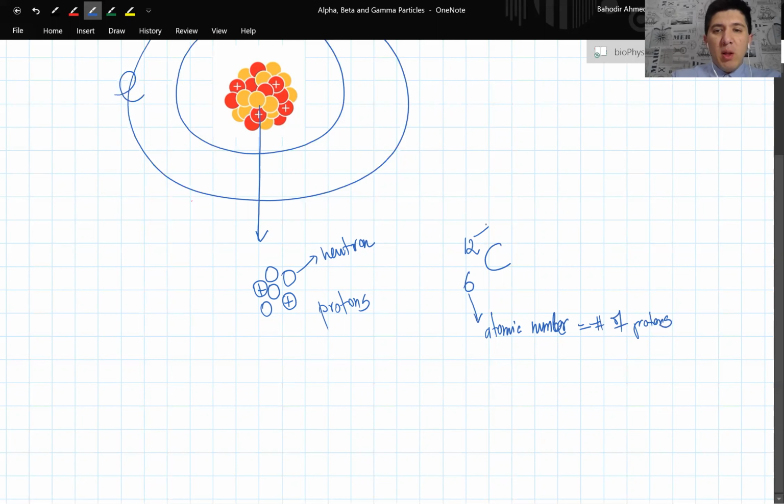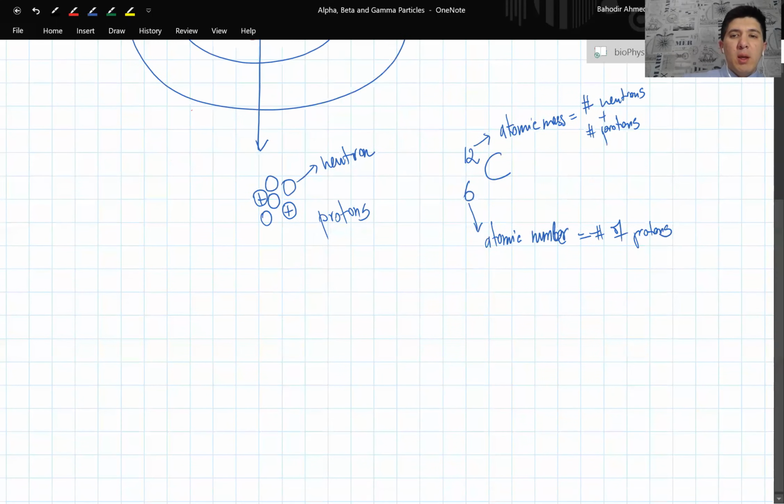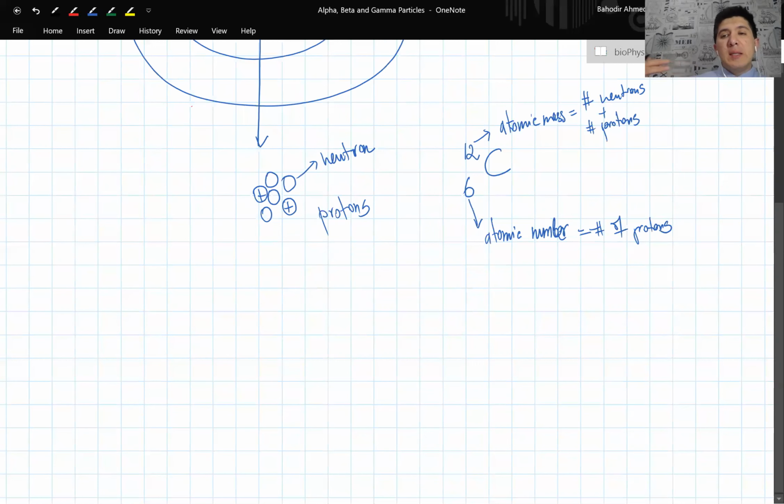And this number 12 is called the atomic mass, which is basically the number of neutrons plus the number of protons inside its nucleus. So depending on the number of protons or neutrons inside this nucleus, we're going to define those 2 numbers for every element.